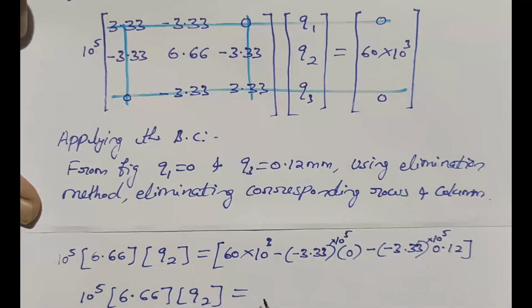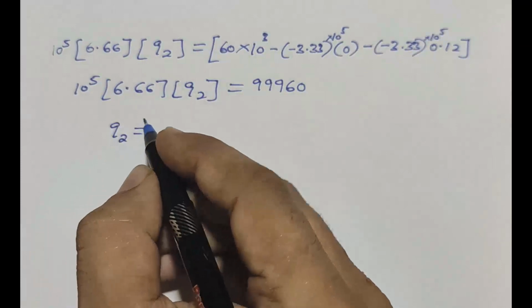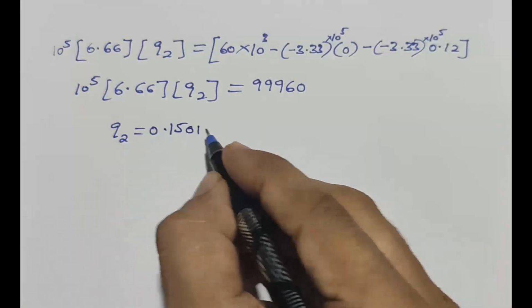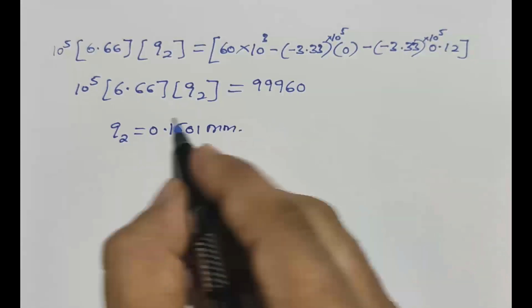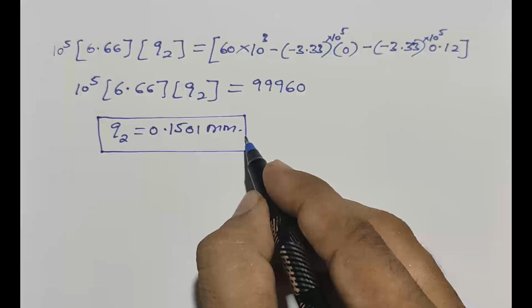On simplification we get F as 99960, and Q2 is equal to 0.1501 mm. This is the displacement at node number 2.